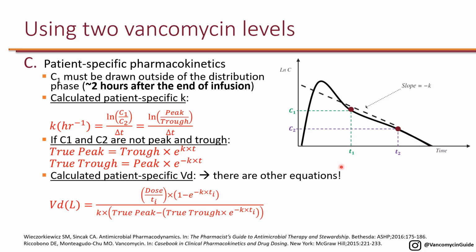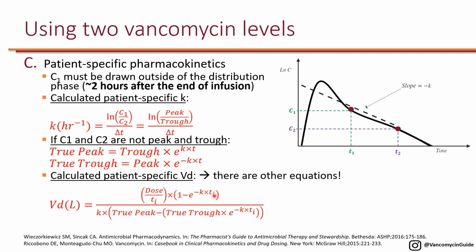And we did all of this because now we can calculate the specific patient volume of distribution. For this, we put in the dose that the patient had received before drawing these levels, the time of infusion from that dose, and then 1 minus e to the negative k, the k that we just calculated, times Ti again.